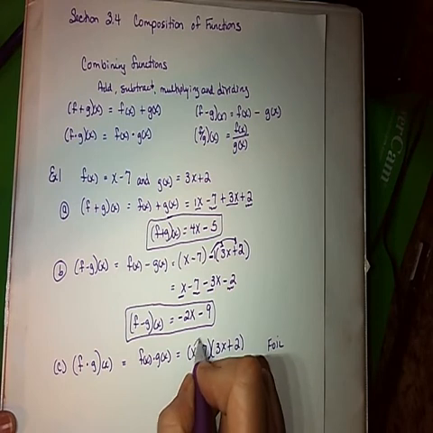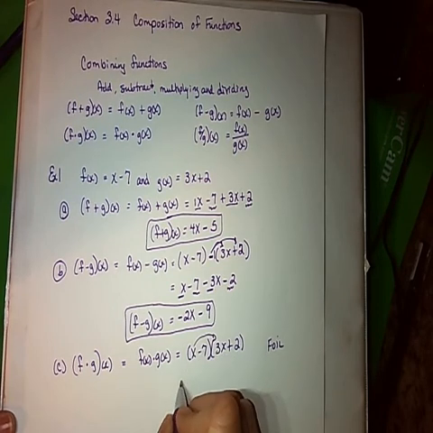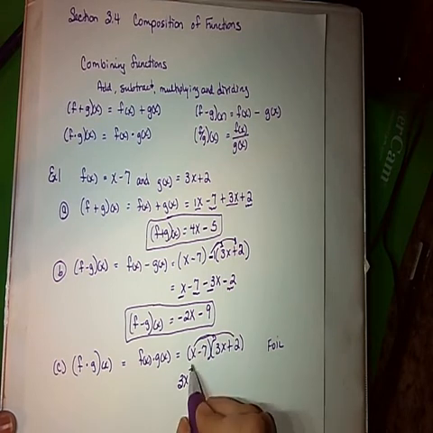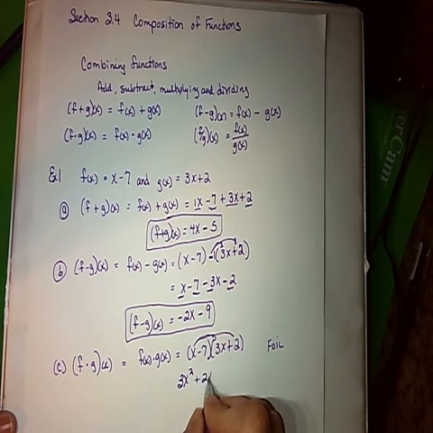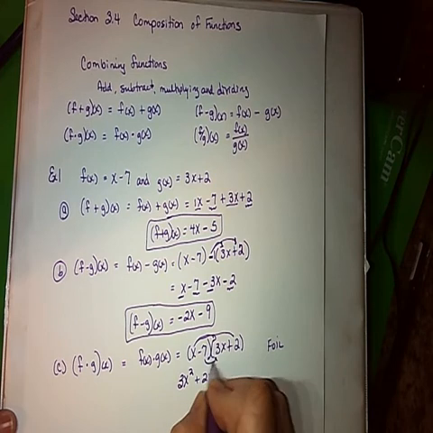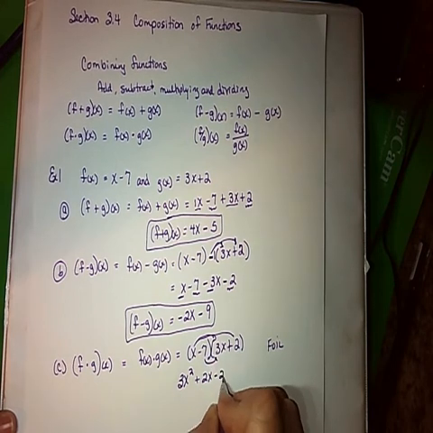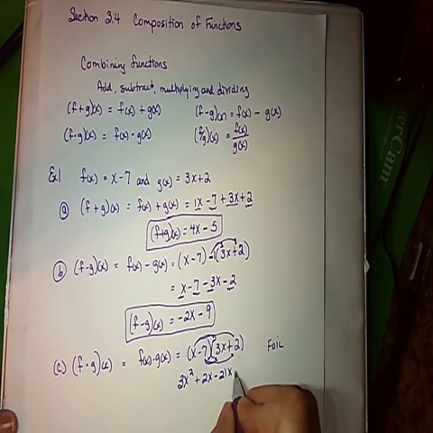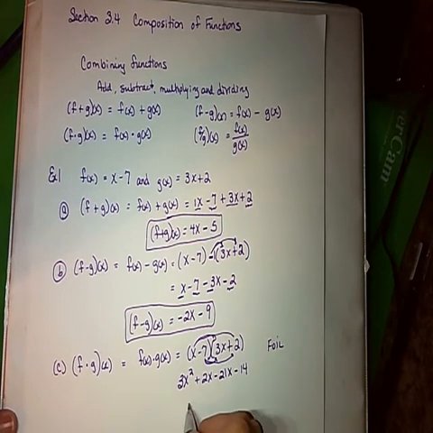I'm going to take the first, x times 3x gives me 3x squared. My outside, x times 2 gives me 2x. My inside, negative 7 times 3x gives me negative 21x. And my last, negative 7 times 2 is negative 14.